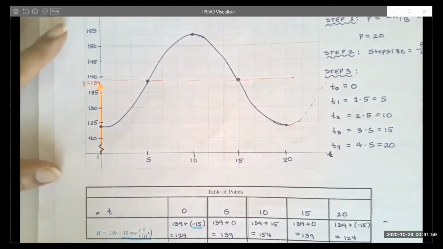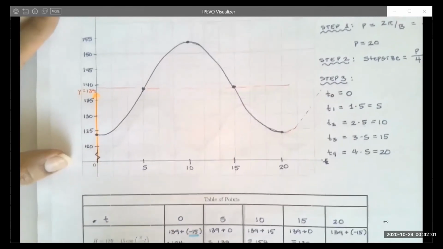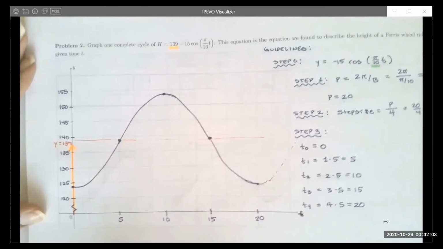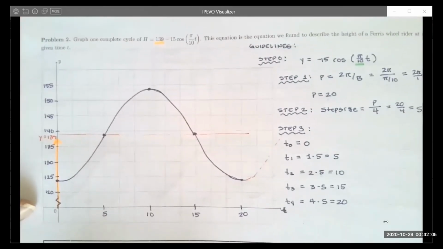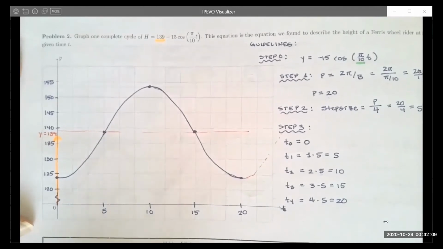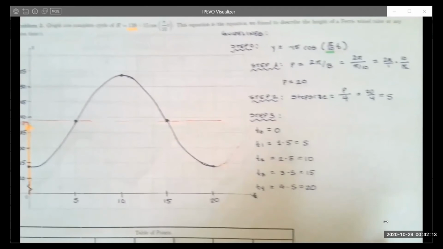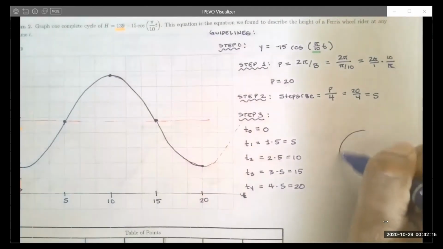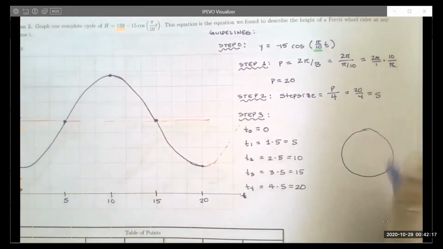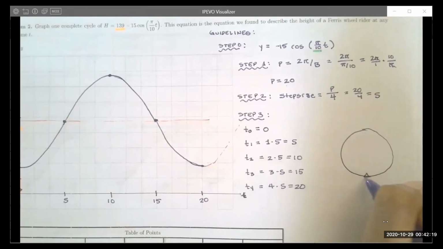I do want to talk a little bit about the application that this graph is supposed to have. They say that this is describing the height of a Ferris wheel rider at any given time t. And so if we think about a Ferris wheel, you board it at the bottom, right? You board it down here at the bottom.